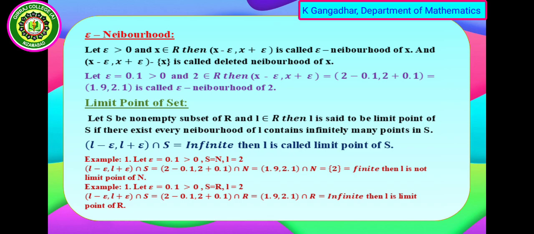It means 1.9 and 2.1 values are nearest to 2. So it is the neighborhood definition.